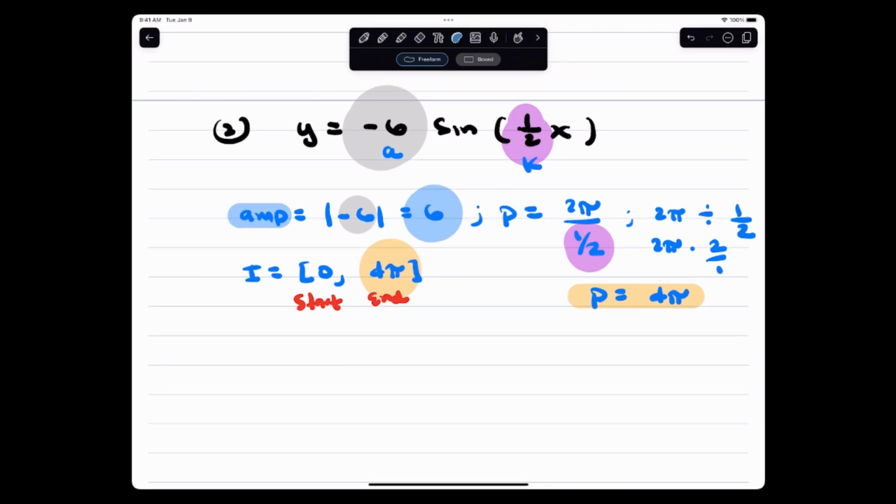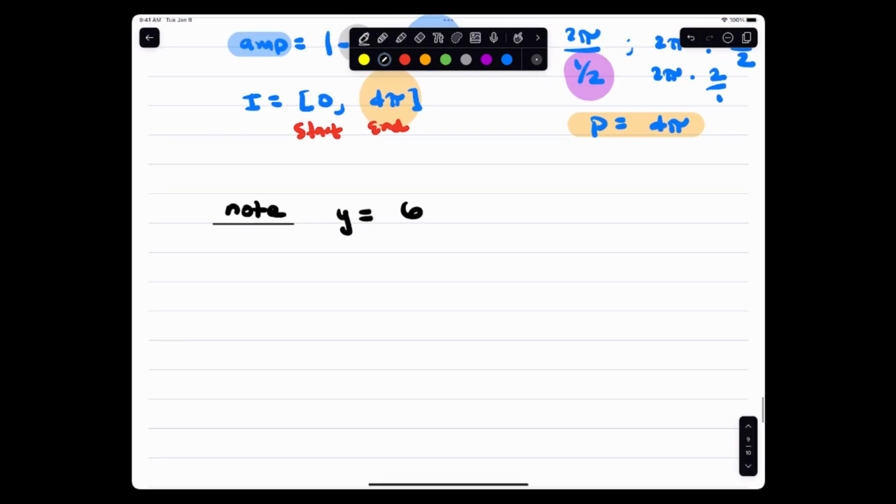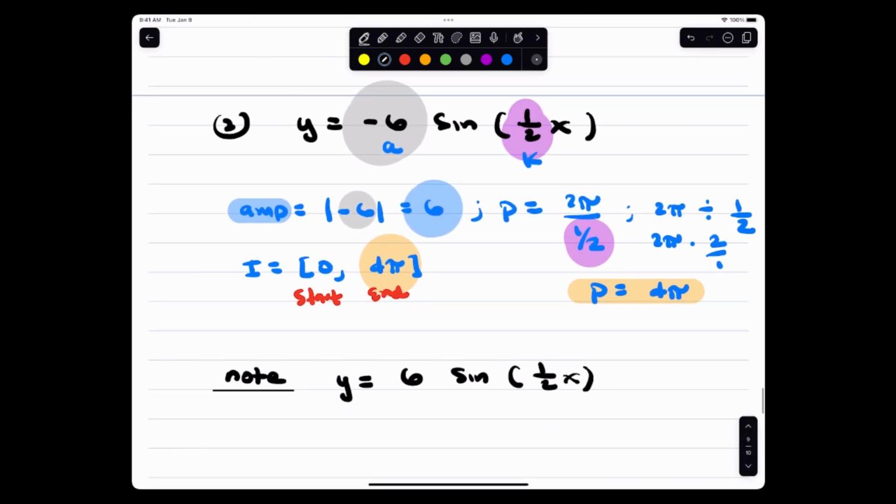Now, this is a different question, but what I'm going to do here is note this. You're going to look at y equals positive 6, not negative 6, sine 1/2 x.